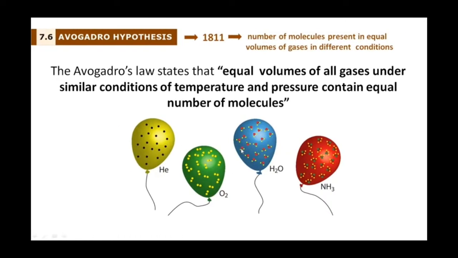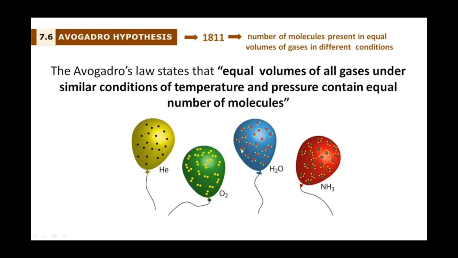For example, whatever the gas it may be, whether it is helium, oxygen, water molecule in vapor state, ammonia gas, etc. When we maintain similar conditions, that is, the same temperature and pressure, the number of molecules present in them will be the same. And this theory was explained by Avogadro's law.